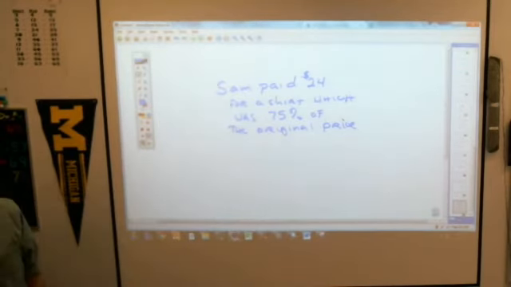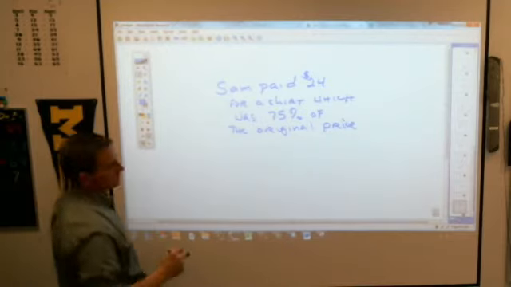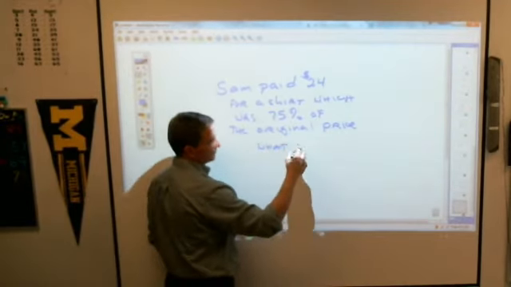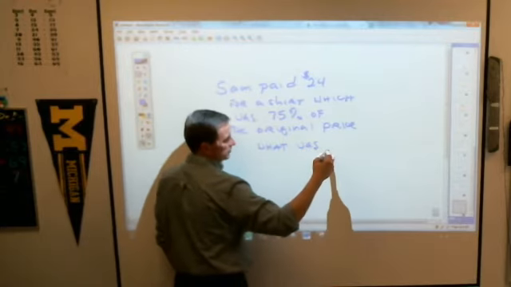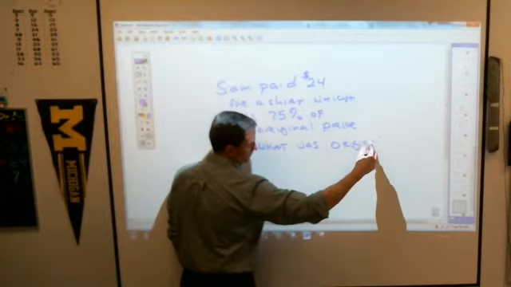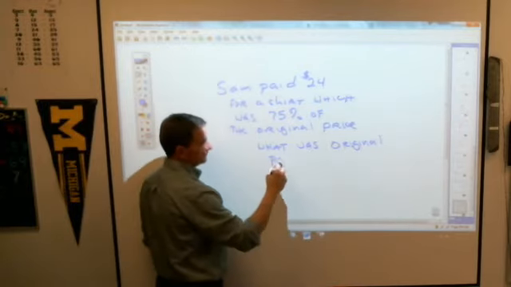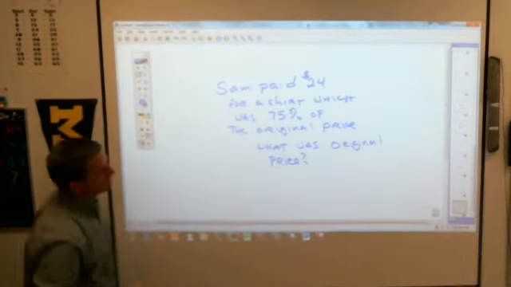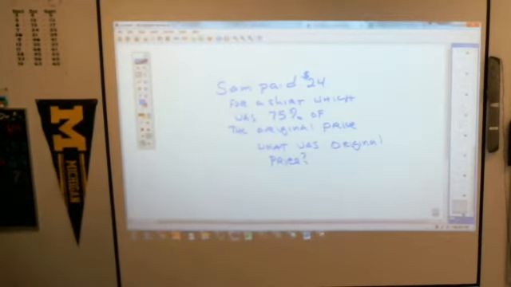What was the original price? This one you will have to do a fraction, a percent box. Let me see if you can handle where to put the numbers for that.